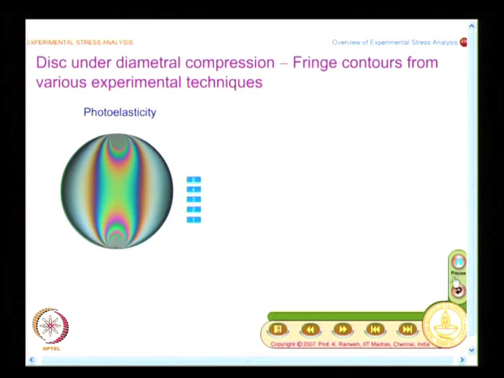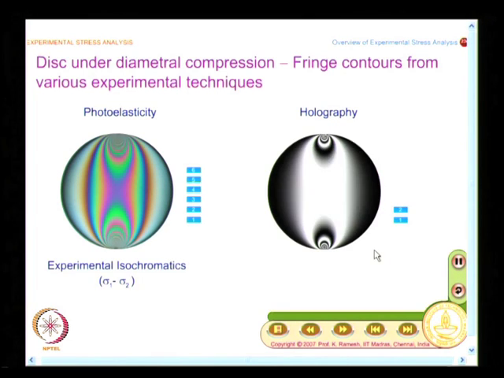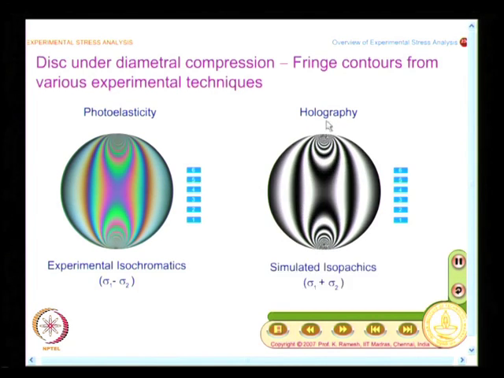So, we will see the photoelastic contours, and we will also see another set of an experimental arrangement where you get contours of sigma 1 plus sigma 2. In photoelasticity you get contours of sigma 1 minus sigma 2, and I said one experimental technique will not give all the information. Suppose I want to find out information of individual stress components.